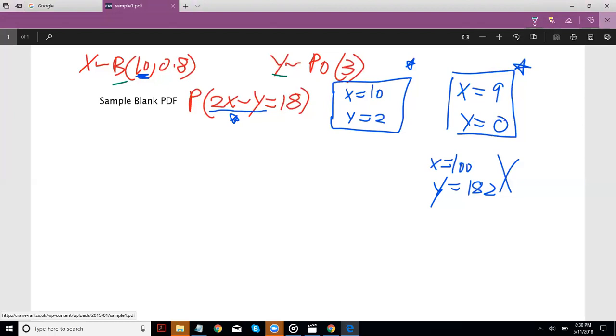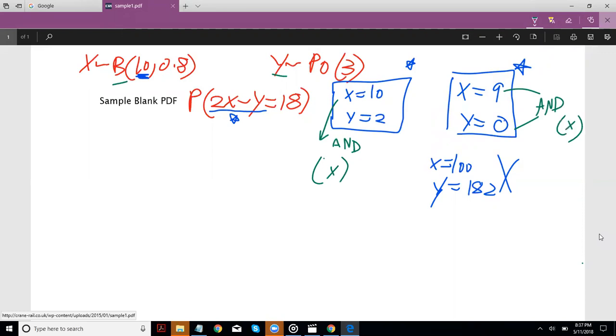The probability that x is 10 and y is 2. The probability that x is 9 and y is 0, and you use their respective distributions. Since you're using and, you'd be multiplying here.